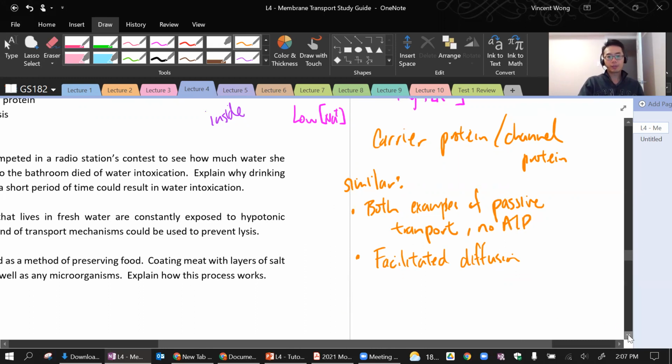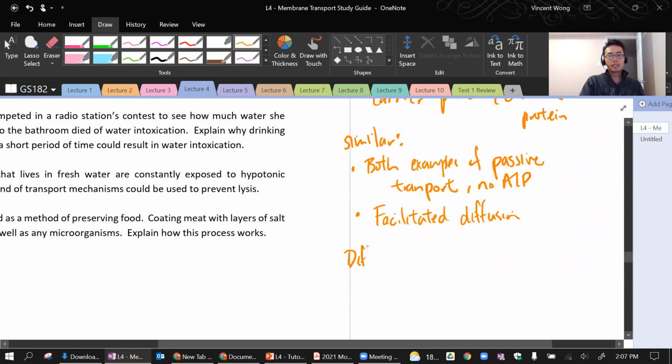Okay, how are they different? You can think of a channel protein as like a regular tunnel.